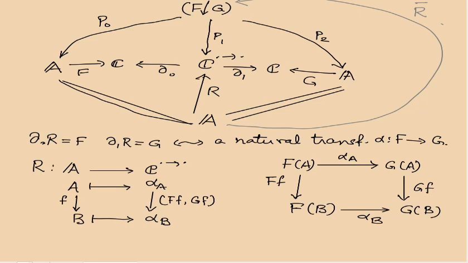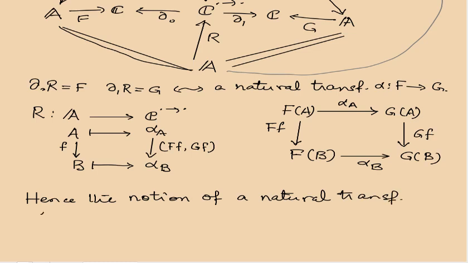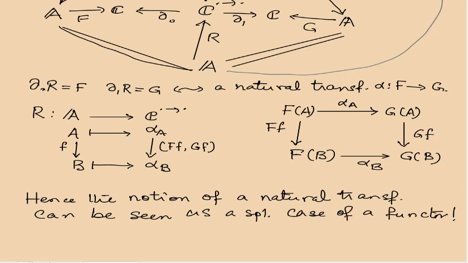So giving a natural transformation alpha is the same as giving such a functor, which means that I am actually giving a functor from A to the category of F upon G, and hence the notion of a natural transformation can be seen as a special case of a functor. Okay.